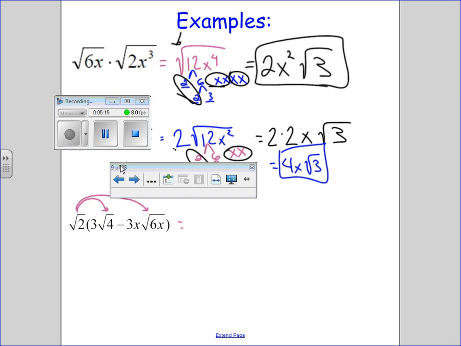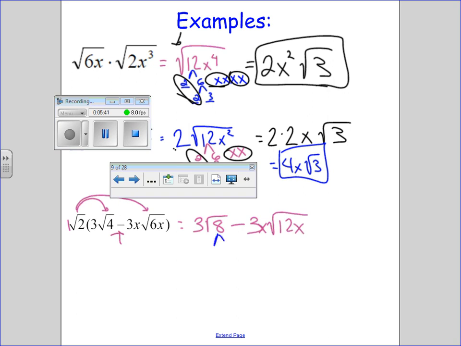So again, I just have a coefficient of 1 here. So 1 square root of 2 times 3 square root of 4 is 3 square root of 8. I'm going to put the minus sign because there is a minus sign there. 1 square root of 2 times 3x square root of 6x is going to be minus 3x square root of 12x.